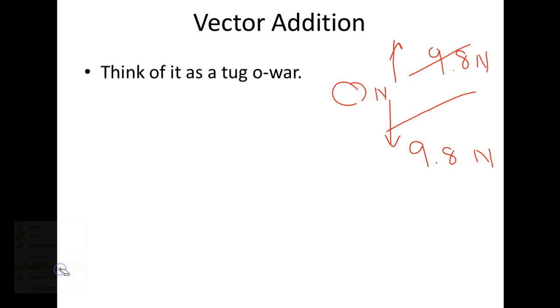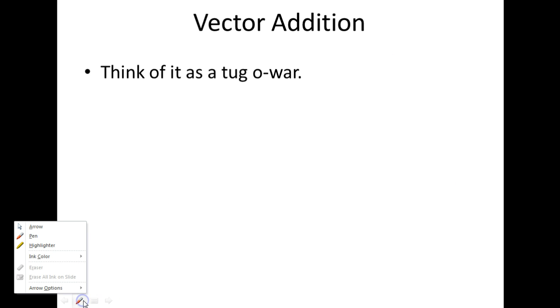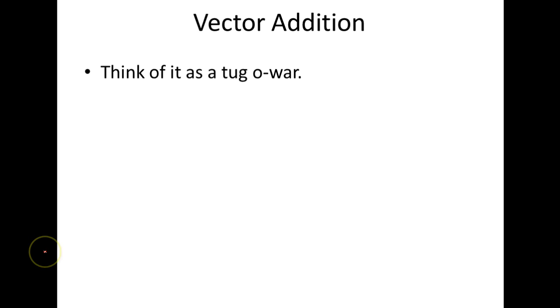When we move into two dimensions, this analogy actually still works. And so I like the example of someone in a rolly chair who is holding on to 2 ropes. And so let's say we have our person in our chair, and one friend is going to pull the rope in this direction, and the other friend is going to pull the rope in this direction.